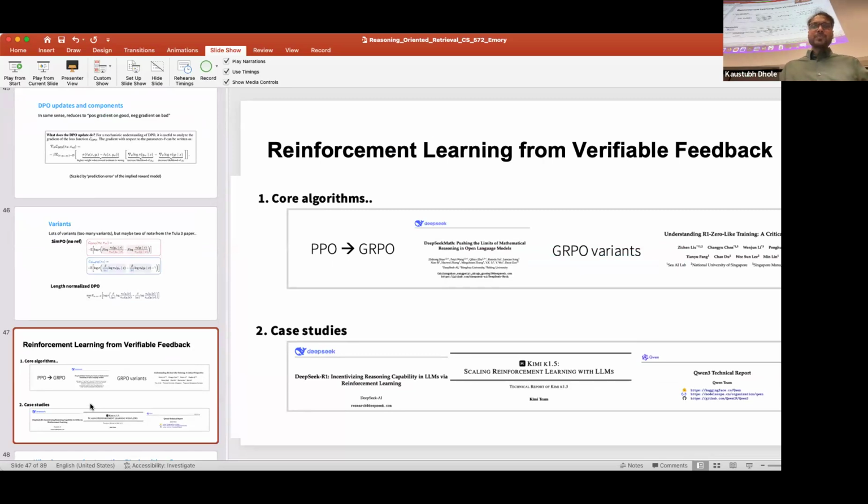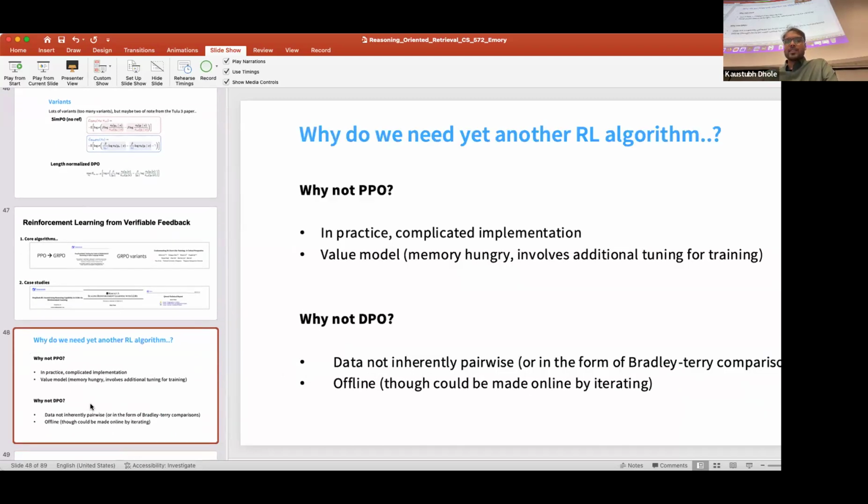You'll see that most of 2025's successful papers, especially in math reasoning, logical reasoning and a lot of verifiable tasks, like DeepSeek as well as Kimi 1.5 and Qwen, all used GRPO or some variant of it. So why do we essentially need another RL algorithm? Why not PPO and why not DPO?